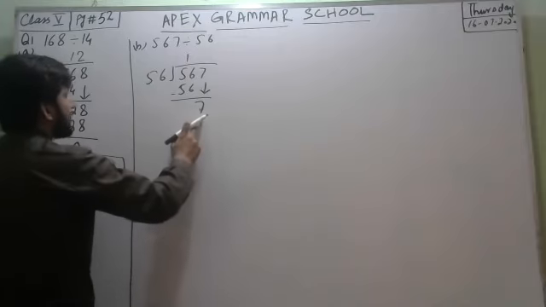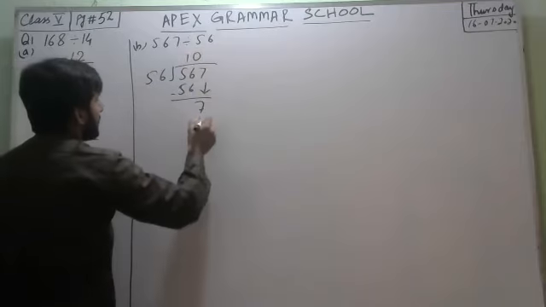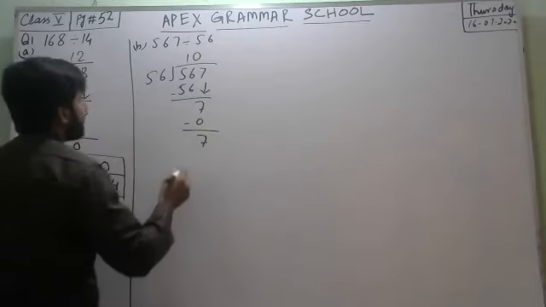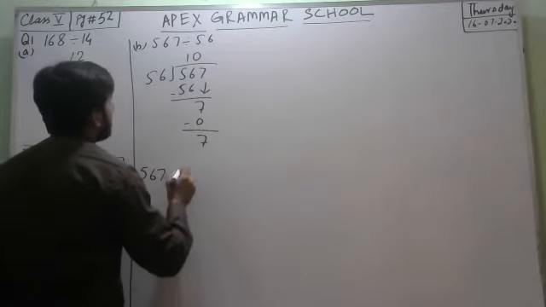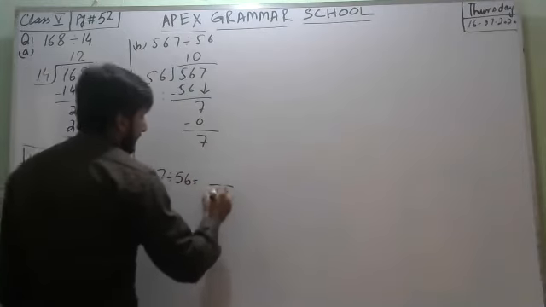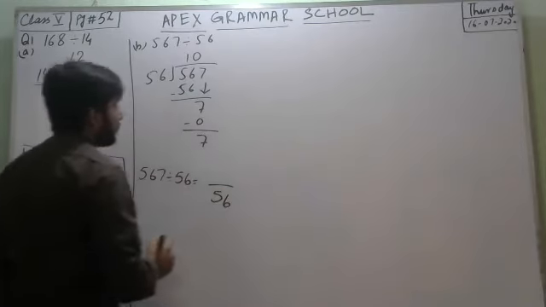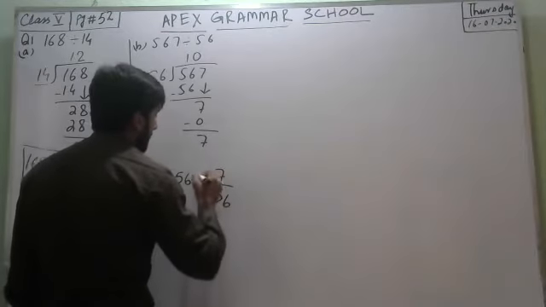Now 7 is smaller and 56 is greater. This means 56 zeros are 0. 7 is the remainder. Now 567 divided by 56 equals to 10, with the divisor in the denominator, the remainder in the upper number, the numerator, and 10 as the side number.